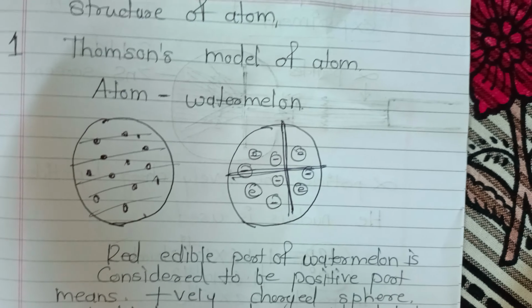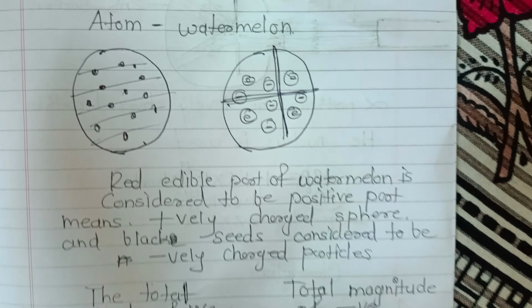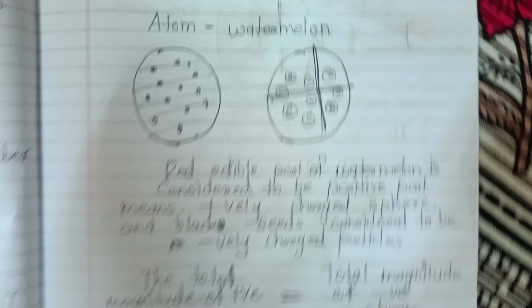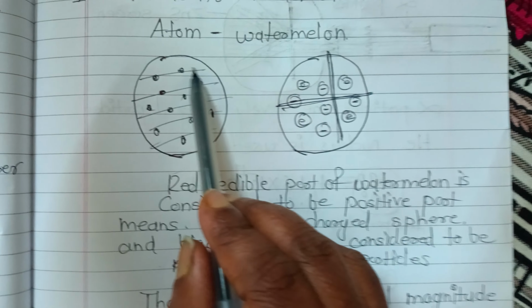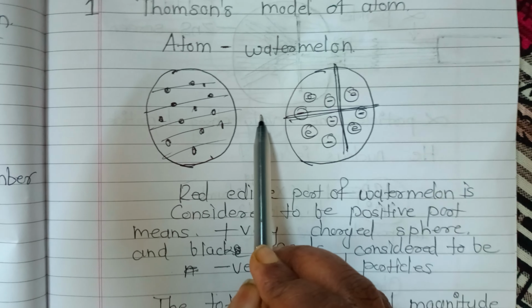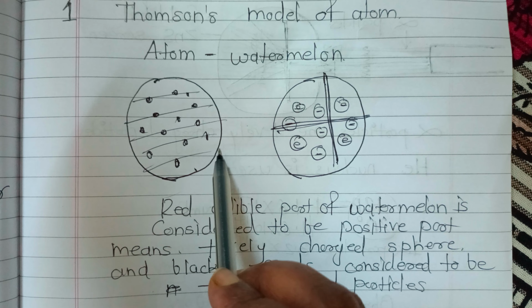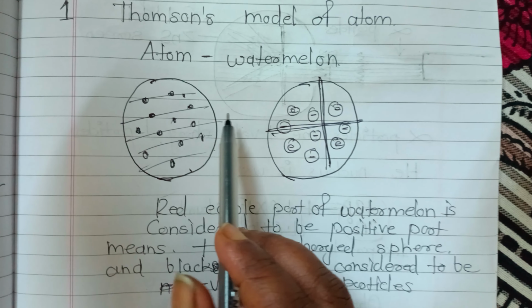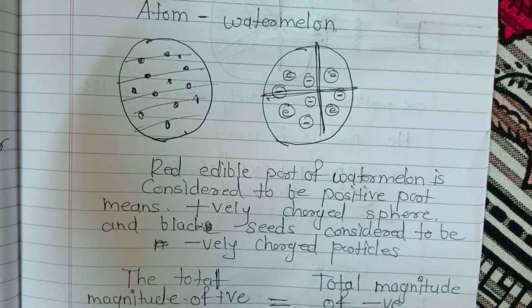He compared his atomic model with plum pudding, Christmas pudding, and also watermelon. When we cut it in half, the red part is the positively charged part, and the seed-like structures are electrons embedded in the positively charged particles.